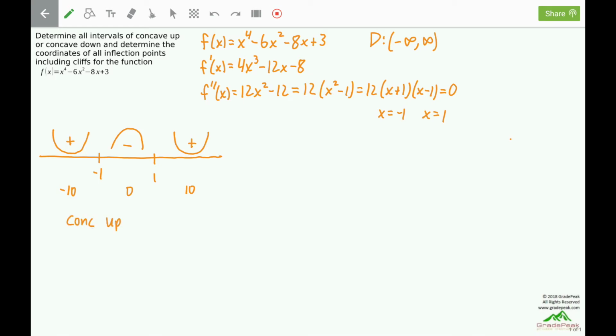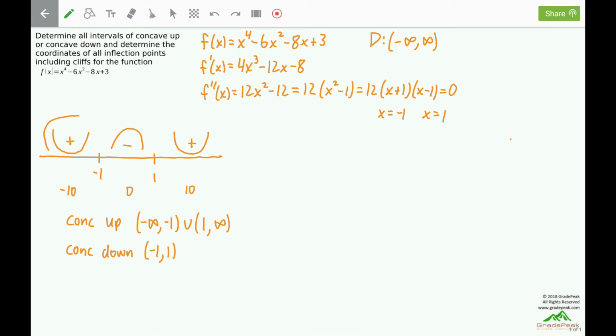So we have concave up happening on the interval negative infinity to negative 1, and union, because it's happening again, from positive 1 to positive infinity. We have concave down happening on the interval from negative 1 to positive 1.